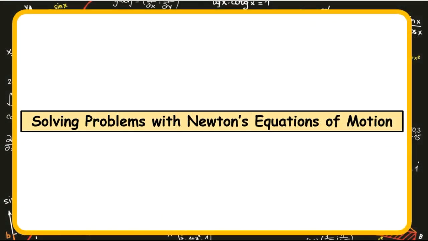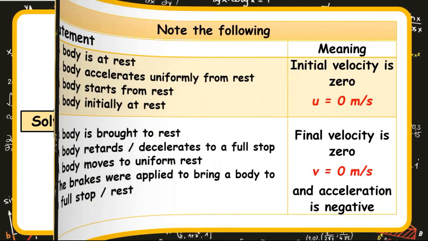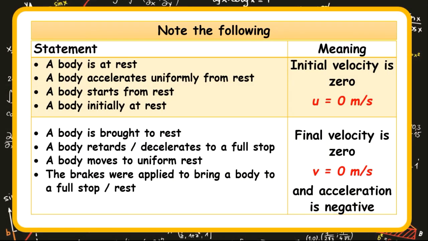So, before we solve problems using the Newton's equations of motion, I want you to take notice of some of these phrases. You will be given some statement or phrase within the examples. These are the meaning.